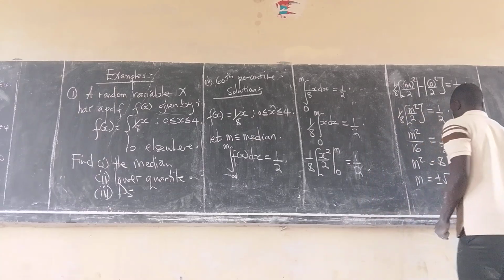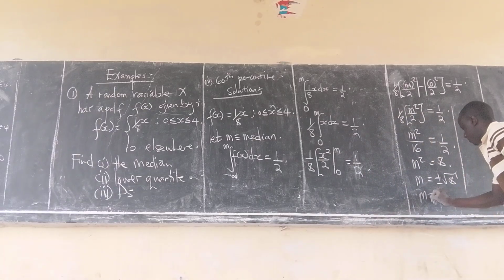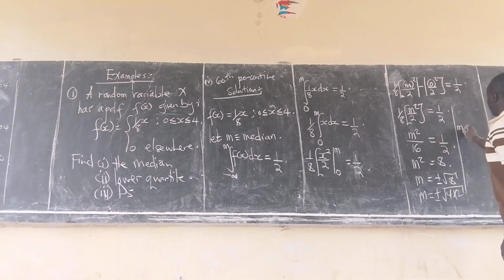So our m squared is 8, so m is the same as plus or minus the root of 4 times 2. So m is a positive 2 root 2, or m is a negative 2 root 2.